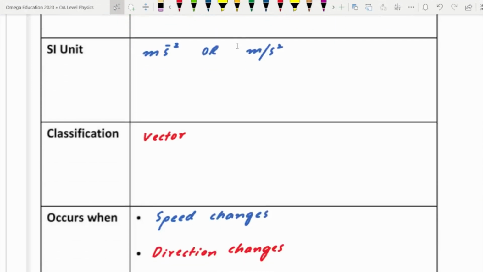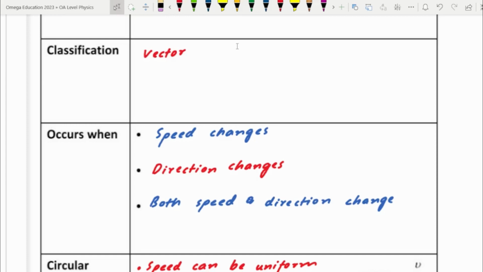Okay, so classification: acceleration is a vector quantity. The SI unit is meter per second square, ms^-2 or m/s². Acceleration can be due to the change in speed, due to change in direction, or due to the change in both speed and direction.